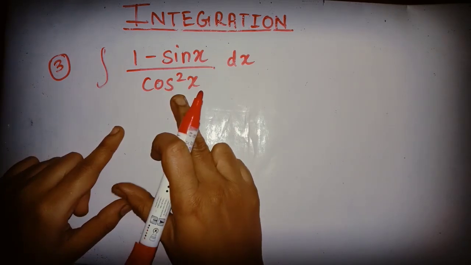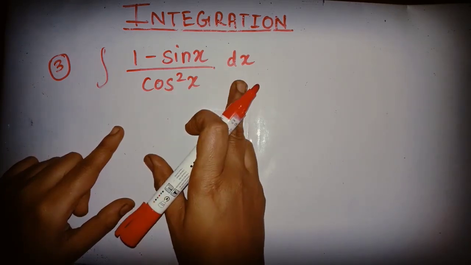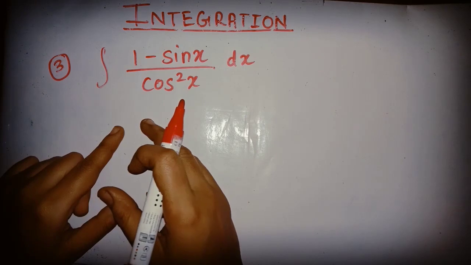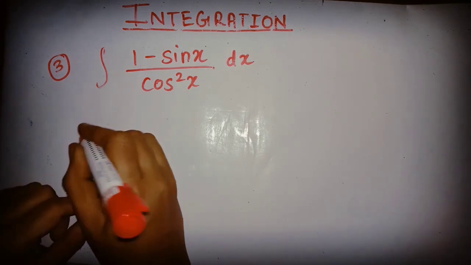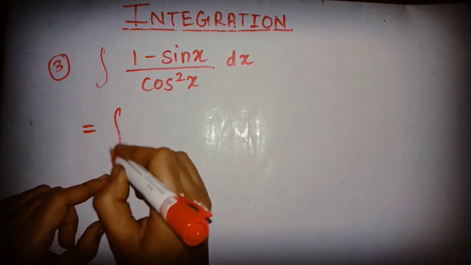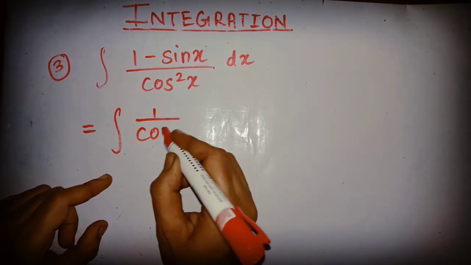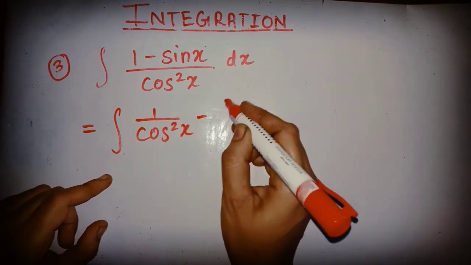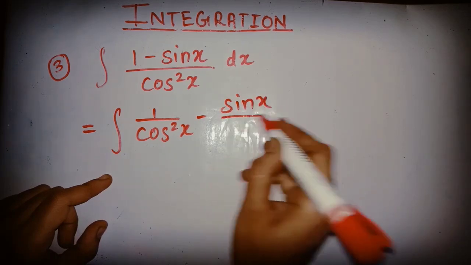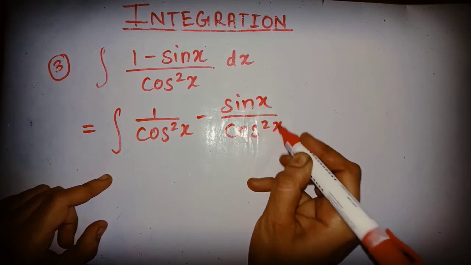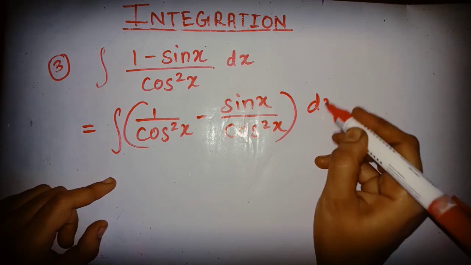Let's solve this: integral of 1 minus sin x upon cos square x dx. So you can write this as integral of 1 upon cos square x minus sin x upon cos square x dx.